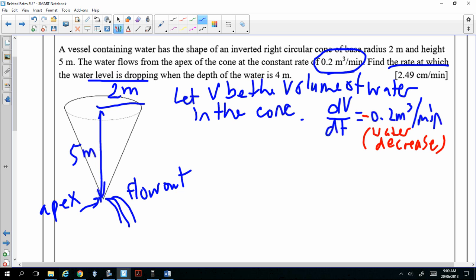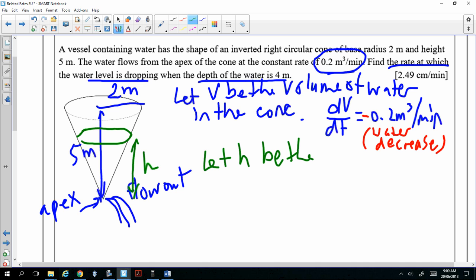Maybe that's the water, so that's the level of water, H. So let H be the depth of water. You have to introduce some pronumeral.